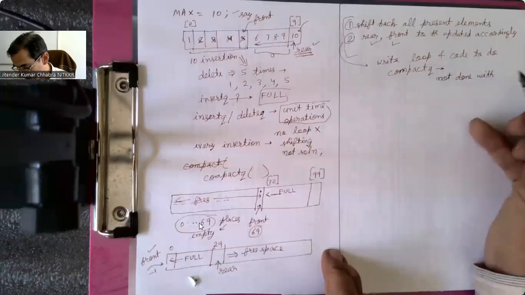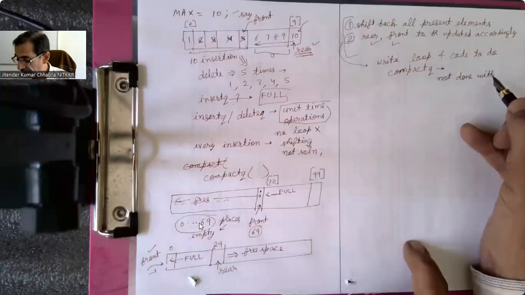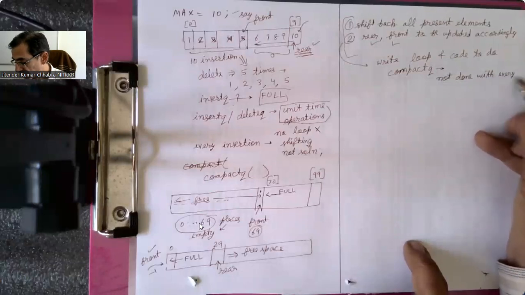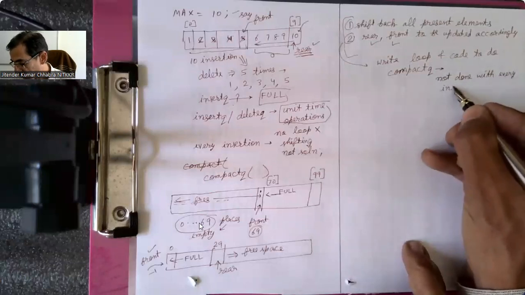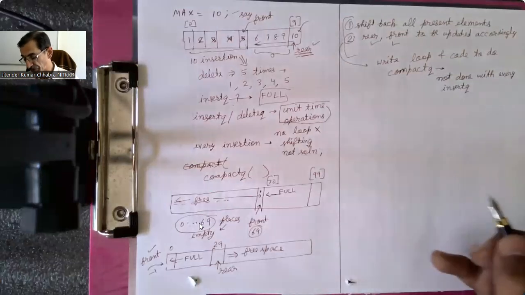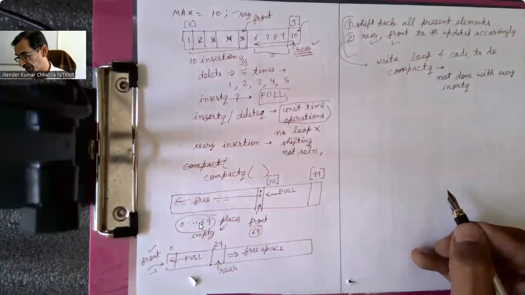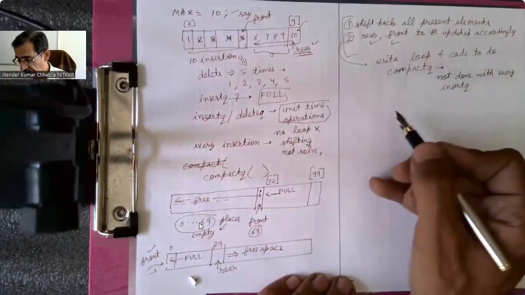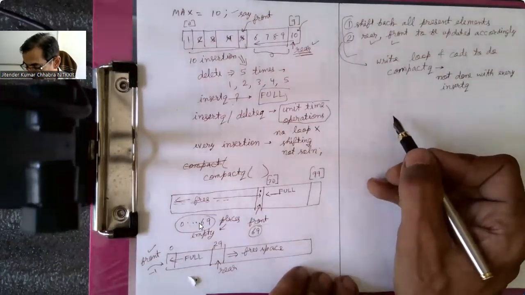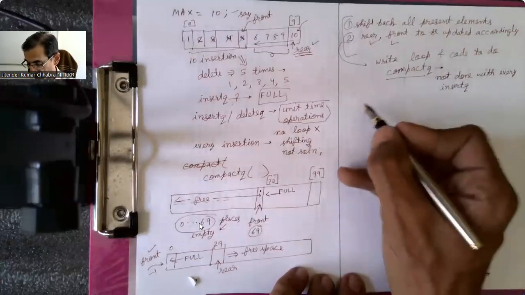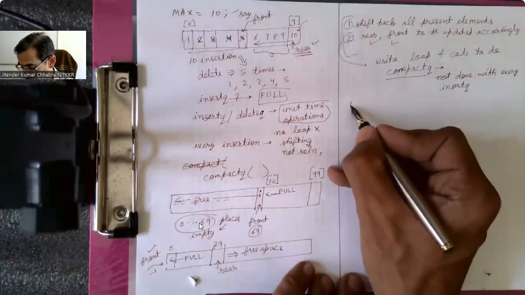Hence, my insert and delete operations normally remain unit time, and very few times the insertion will require compaction, and compaction will obviously take time, requiring execution steps in terms of n. So this could be one solution, and compact queue could be there.